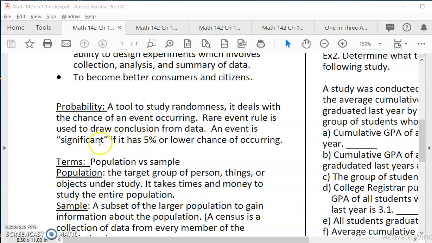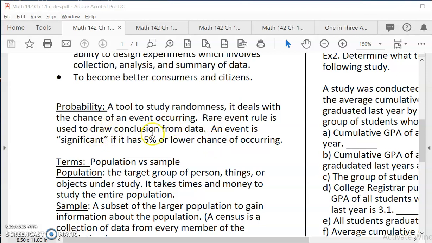is described as significant. There are a lot of cases where things around us happen randomly. Some have a higher chance of happening, some have a lower chance of happening. Significant is something that has a very low chance of happening, and from a statistician's point of view, those should not happen. If it does happen, some of our assumptions may be incorrect.